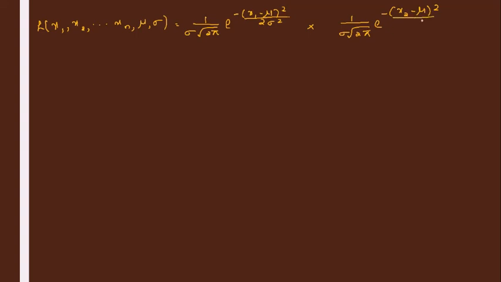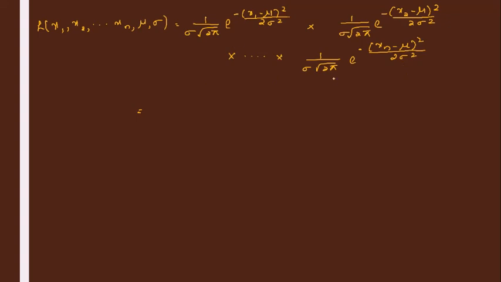L of x1, x2, etc. xn comma mu comma sigma is equal to: what is f of x1 mu comma sigma? 1 by sigma root 2 pi e raised to minus of x1 minus mu the whole square divided by 2 sigma square, multiplied by f of x2, which is 1 by sigma root 2 pi e raised to minus of x2 minus mu the whole square divided by 2 sigma square, multiplied by etc., multiplied by 1 by sigma root 2 pi e raised to minus xn minus mu the whole square divided by 2 sigma square.